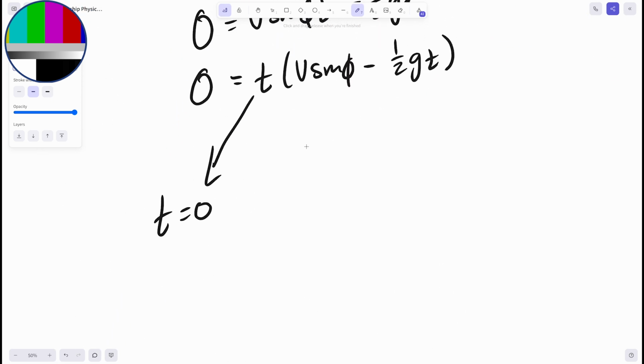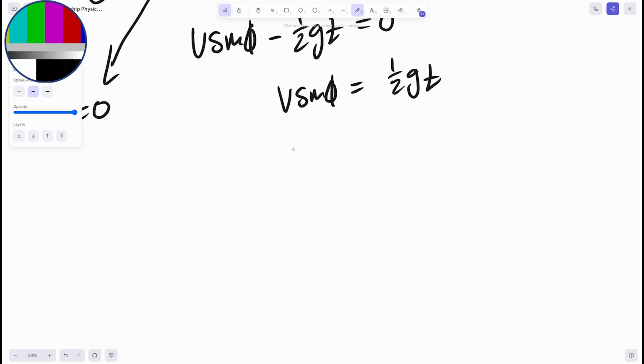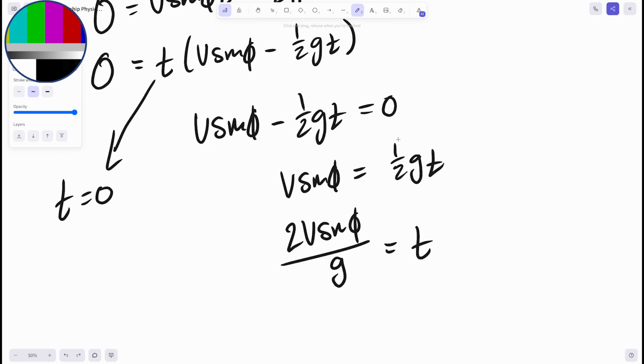And so v sine phi minus half gt is equal to 0, and therefore v sine phi is equal to half gt, and therefore 2v sine phi over g is equal to our time. So now we can make that substitution.